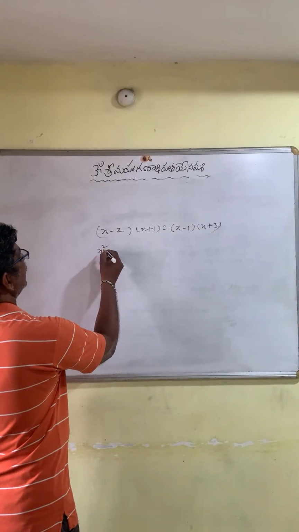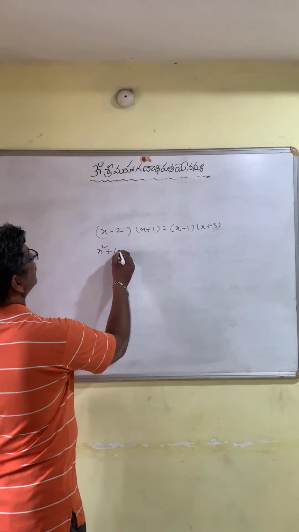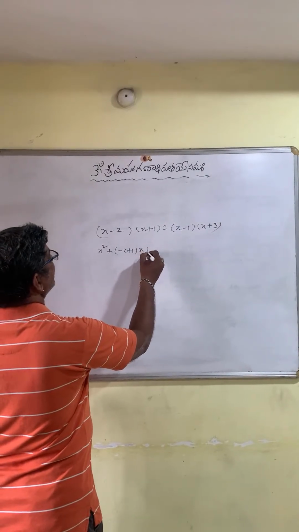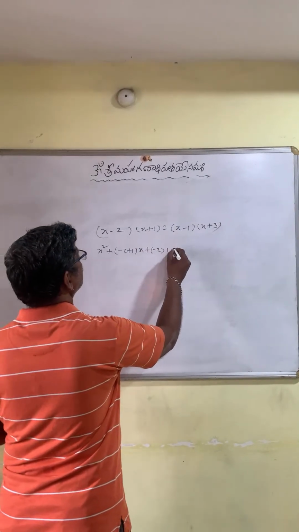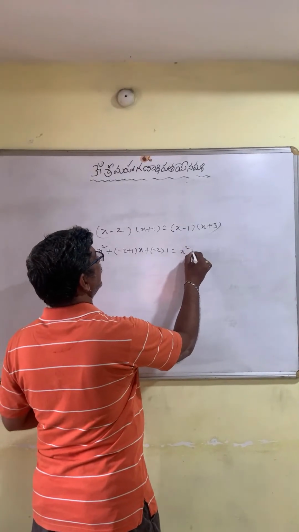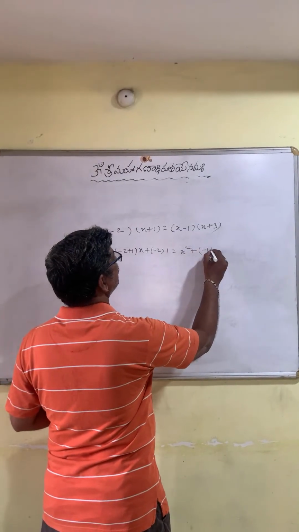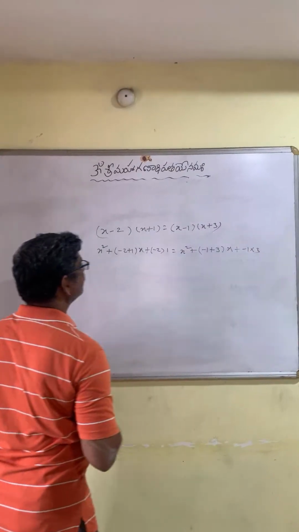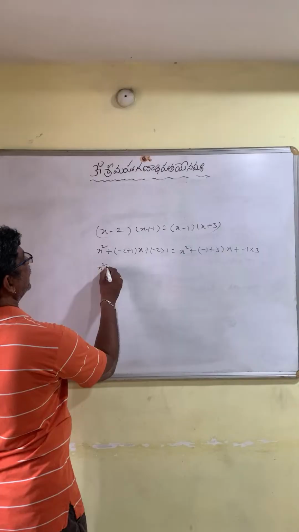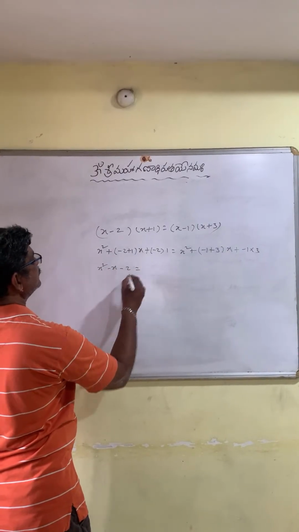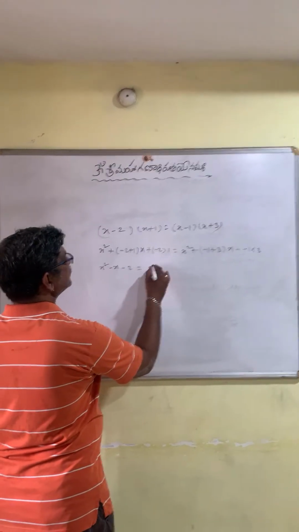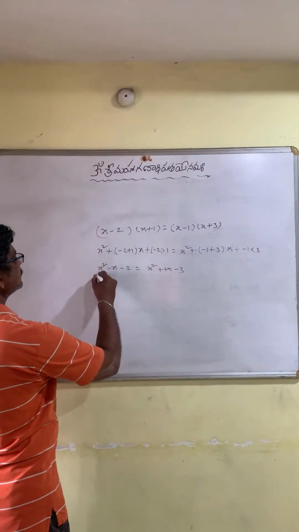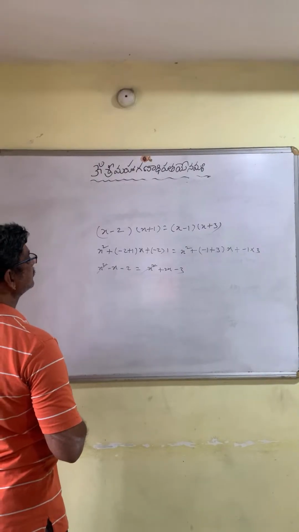So x square plus minus 2 plus 1 times x plus minus 2 into 1, and x square plus minus 1 plus 3 times x plus minus 1 into 3. So x square minus x minus 2 is equal to x square plus 2x minus 3. x square gets cancelled on both sides.